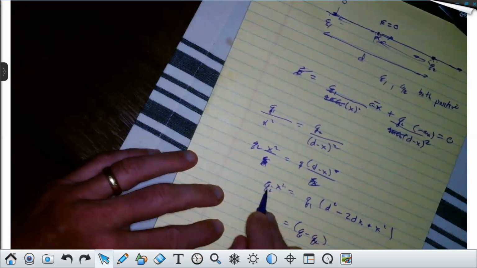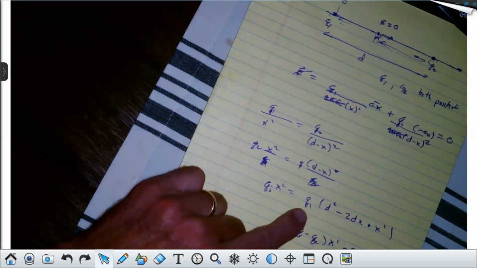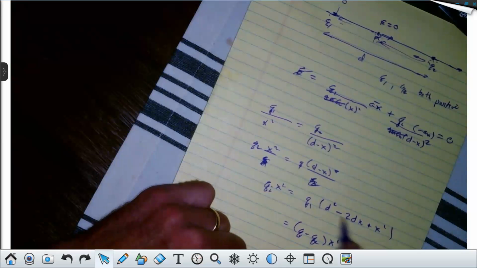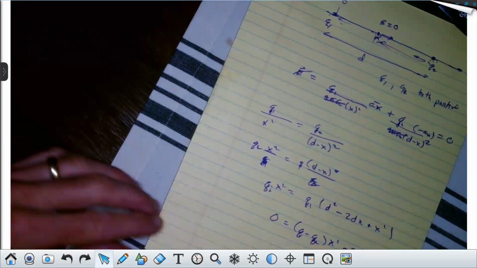When I take q2 on this side, it becomes minus x squared. Then I have minus 2d q1 times x, and then plus d squared times q1 equals 0. Y'all agree with that?